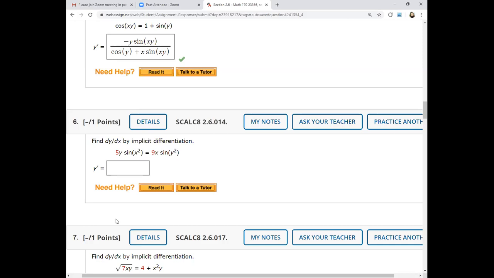So what I have after the plus is the first function, which is 5y, times the derivative of sine of x squared, which is cosine of x squared times 2x. Okay, I see.